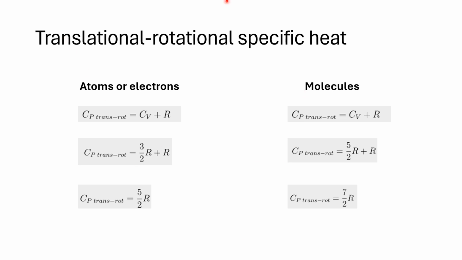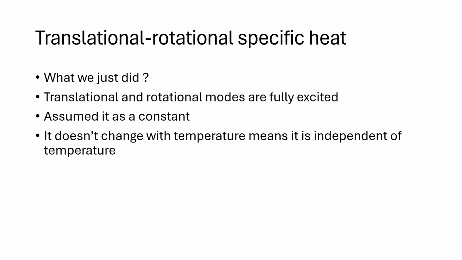So one thing is clear here: this is a constant. The previous equation, the NASA equation which we derived, was valid for thermodynamic equilibrium only, that is, when T translational-rotational is equal to T vibrational-electronic.